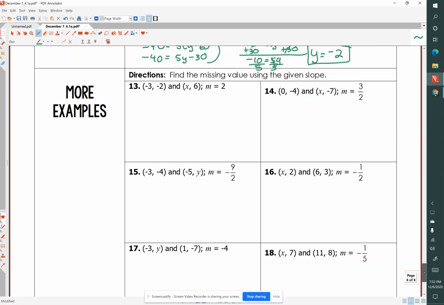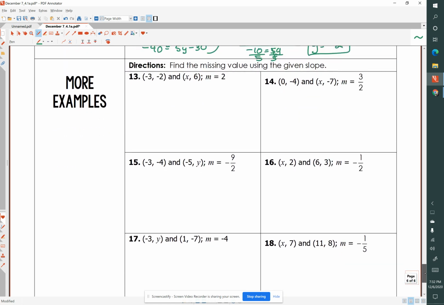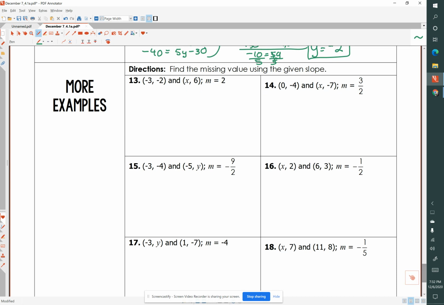So we're going to build that proportion. The slope is still a ratio, folks. So we've got a slope of 2. So 2 equals, and this is our x1, y1, x2, y2. So we'll have 2 equals.